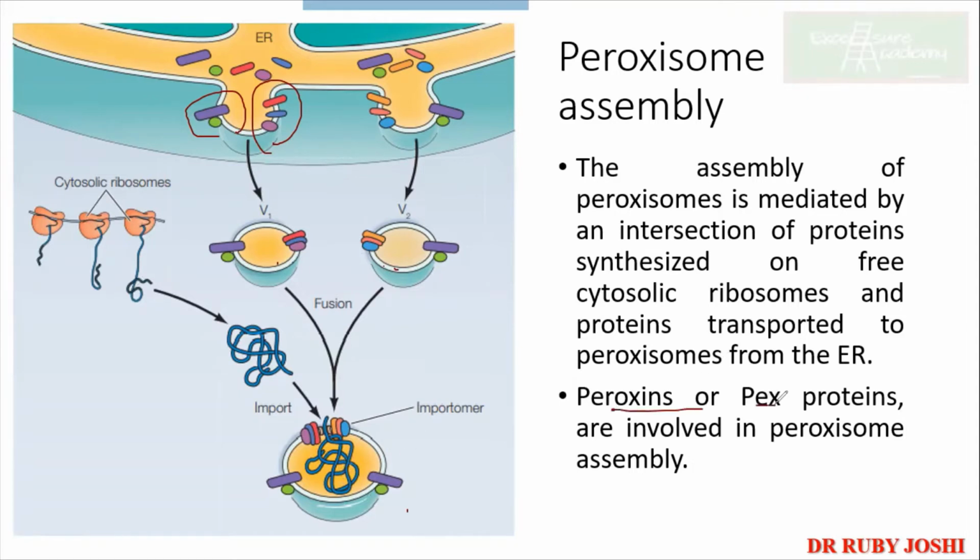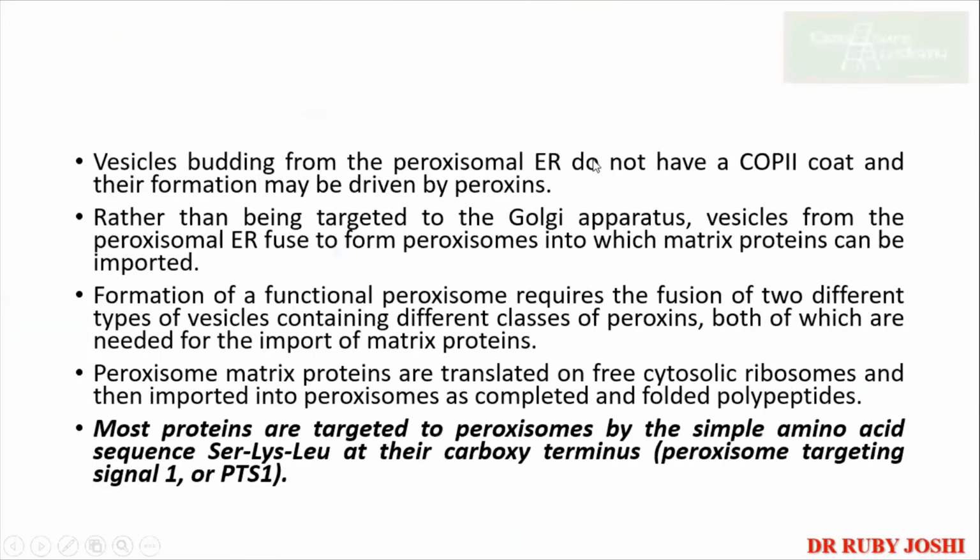Now the peroxin and PEX proteins, they are transmembrane proteins. Please remember, okay? They are specific for the peroxisome assembly. So यहाँ पे जो हम ये दिखा रहे हैं, these are your PEX proteins. So the same thing what I have just said right now. The vesicles budding from the peroxisomal ER don't have COPII proteins, okay?